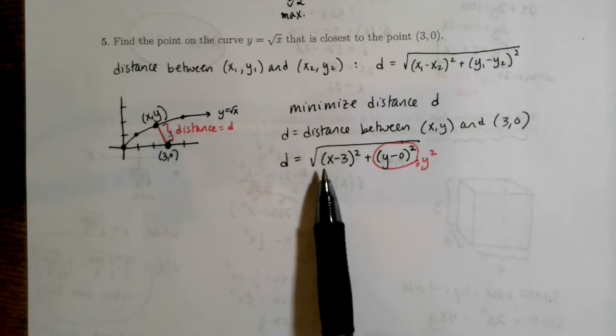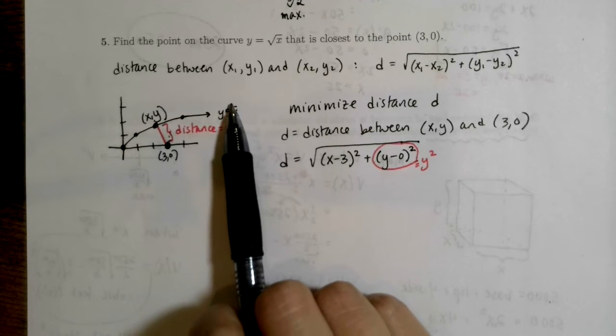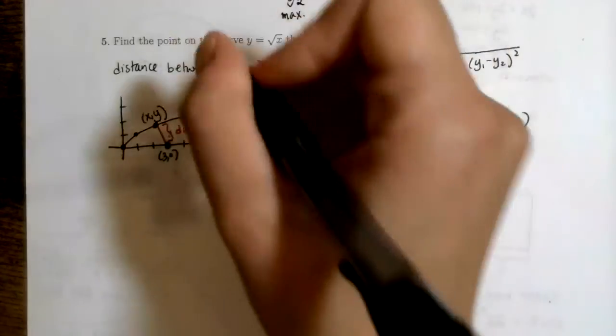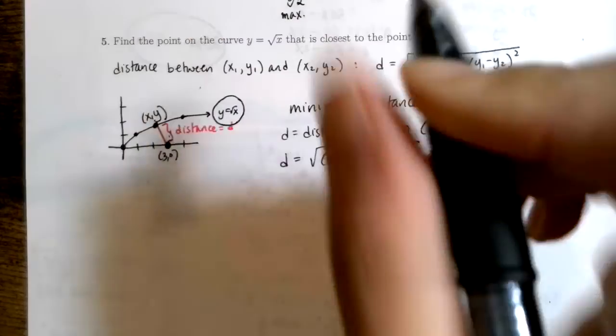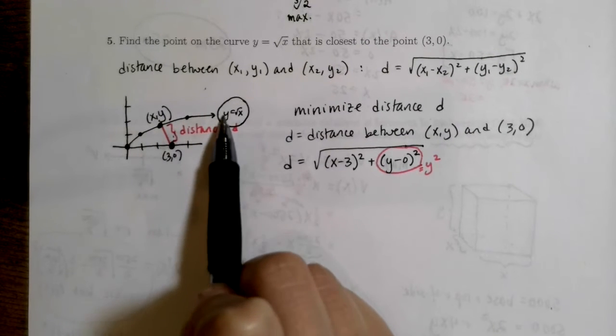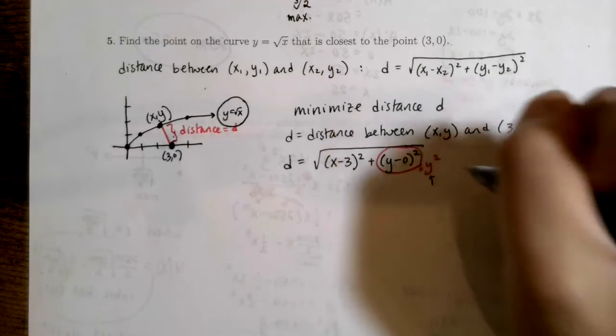So similar to number 4, it's a lot trickier than the front of the worksheet, but similar to number 4, this formula is the constraint, y equals root x. Because this (x, y) is on this curve, this must connect those 2 numbers. So I'm going to put root x in for y right here.